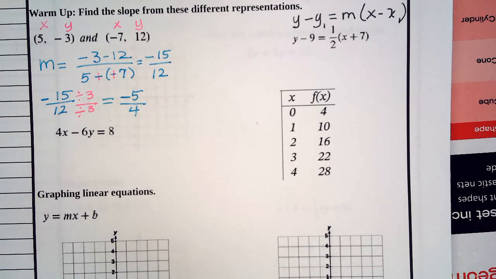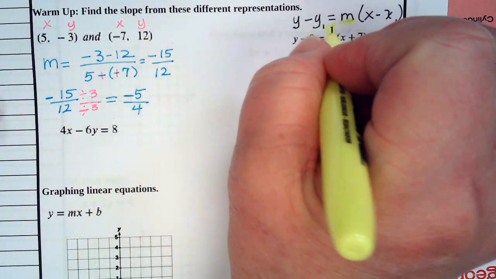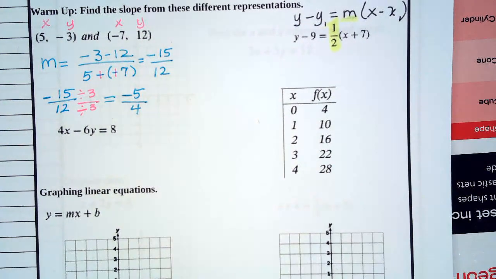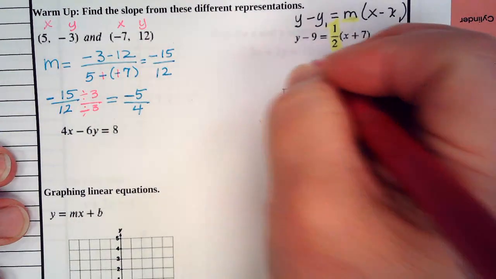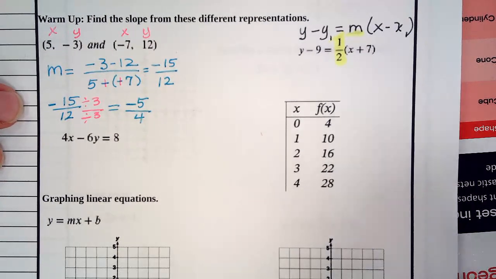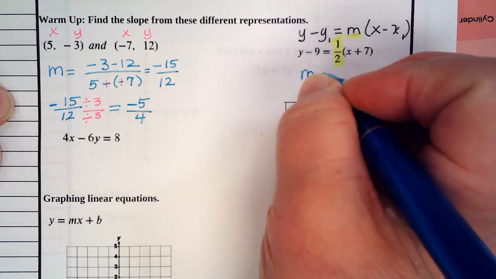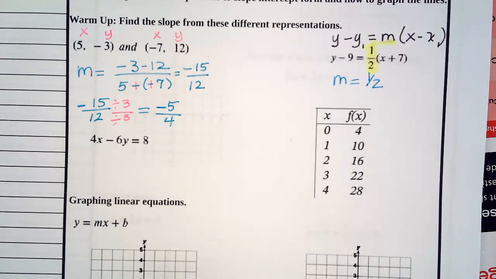In this case, it is located in front of the parentheses. In front of the parentheses, we have a 1/2. So our slope is equal to 1/2. Okay, any questions on the first two?